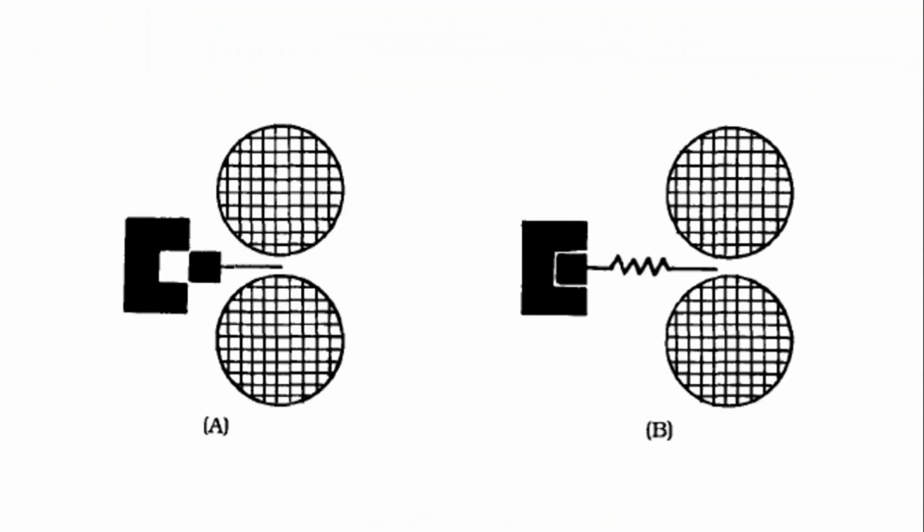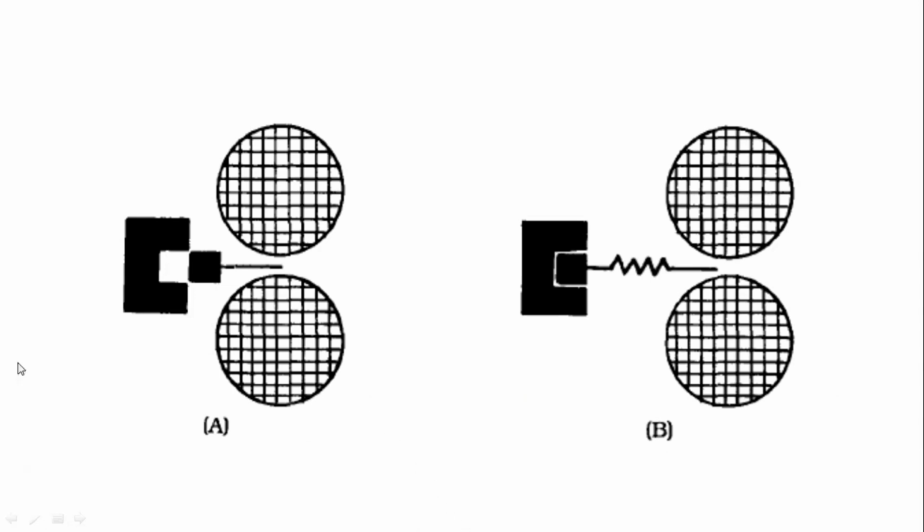Here you see the enzyme and the ligand. The enzyme goes and binds with the ligand on the matrix, and then the matrix is extensively washed.